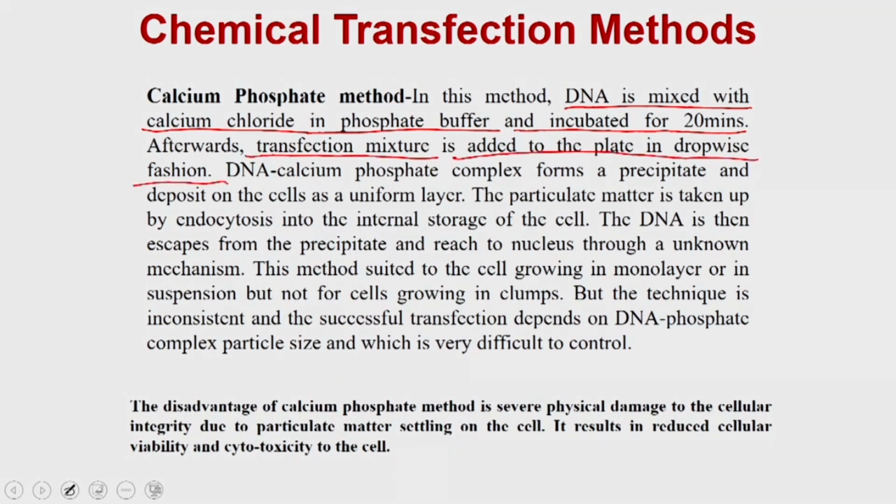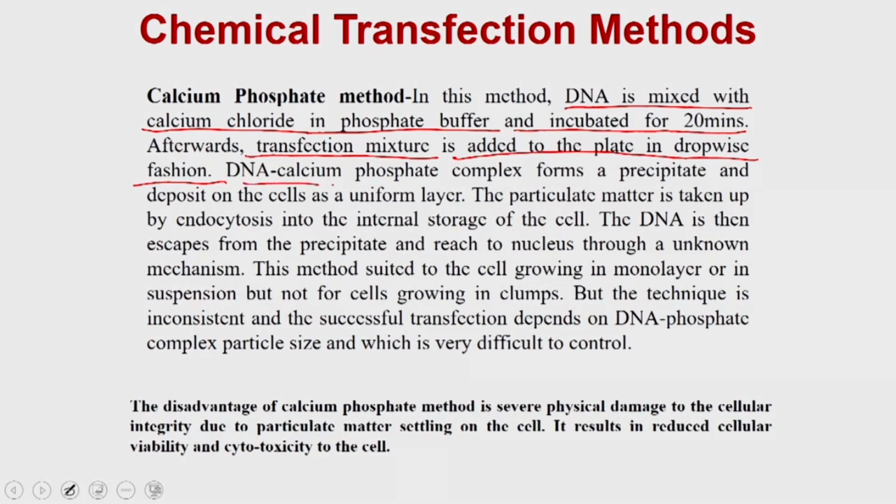What will happen is the calcium chloride in the phosphate buffer is going to generate calcium phosphate, and these calcium phosphates are going to make a complex with DNA. When you spread this transfection mixture drop wise onto the cells, this complex is going to settle down onto the cells.